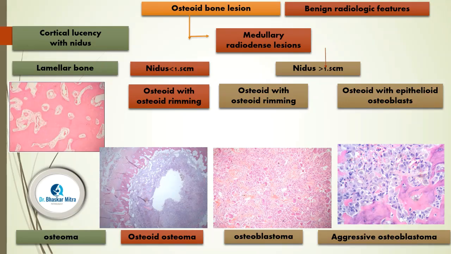Now, we will approach these lesions in an algorithmic way. So first we have decided this is an osteoid forming tumor or osteoid bony lesion. Now, whether it is benign or malignant, go for the clue in the radiology. Whether the radiologist said this has a benign nature, well circumscribed lesion, well delineated border, no bone destruction, no soft tissue mass, no moth-eaten appearance.